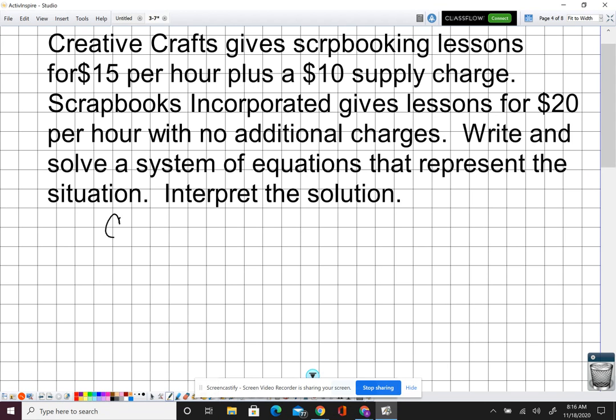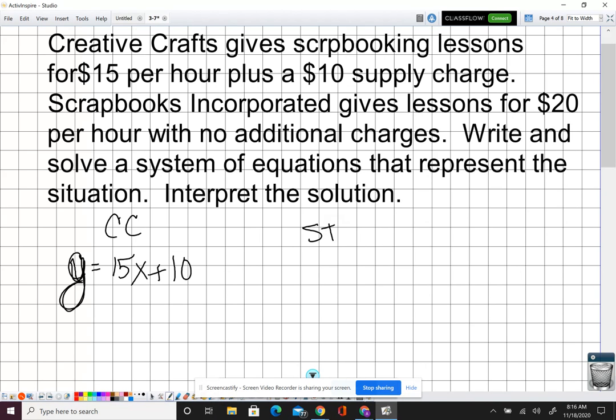So Creative Crafts. We know that the cost is equal to $15 per hour plus $10. And I'm going to change this cost to be Y. So Y equals $15 per hour plus the $10 supply charge.